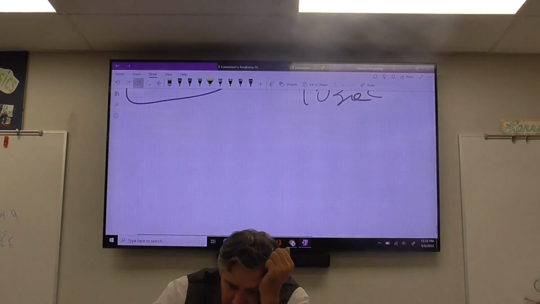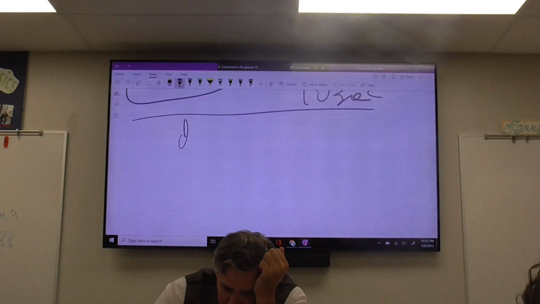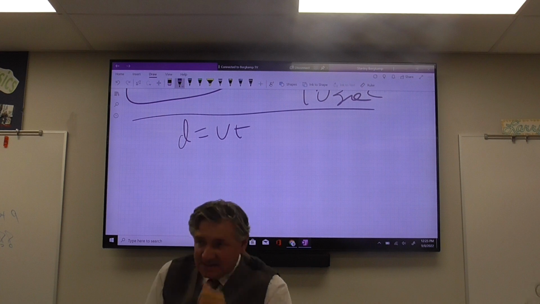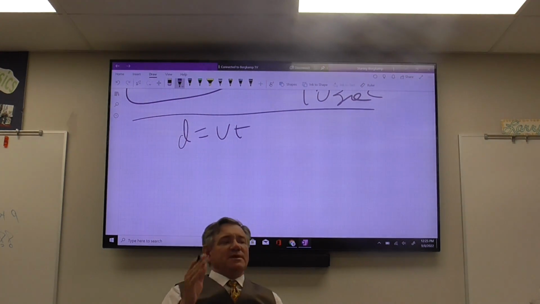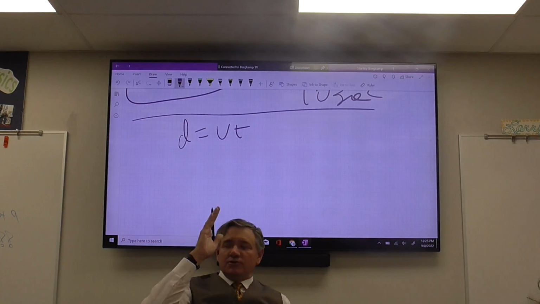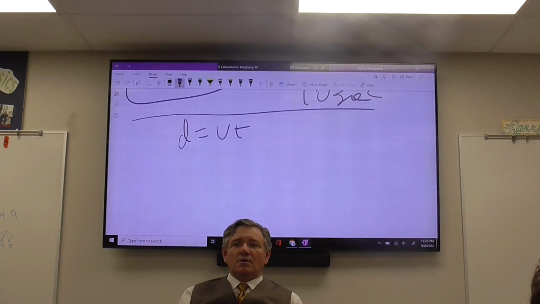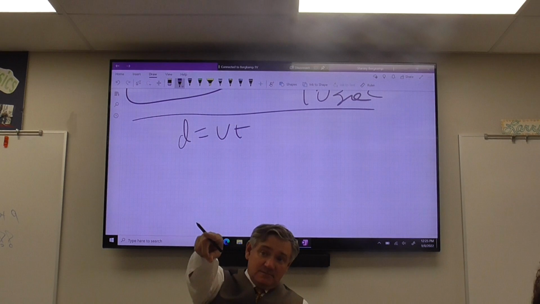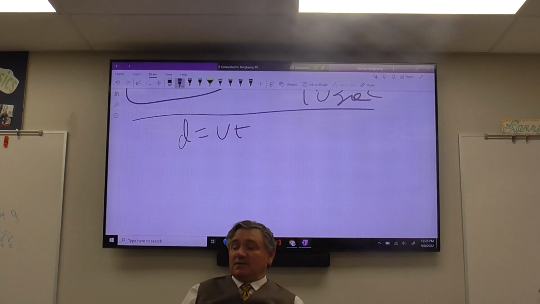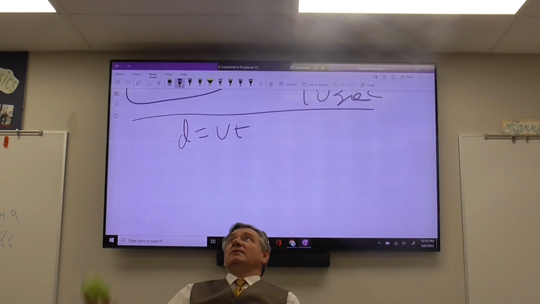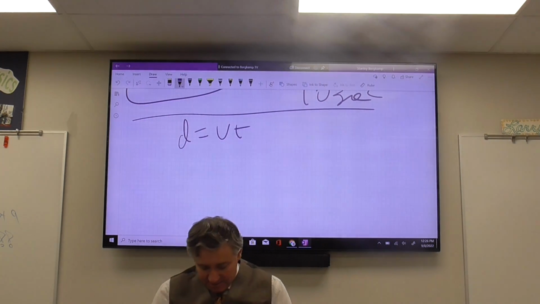But don't make that wrong. You're going to have problems involving distance equals velocity times time. What's the only time you can use distance equals velocity times time? When you have constant velocity. So I couldn't do that if I throw this apple up in the air. Why?